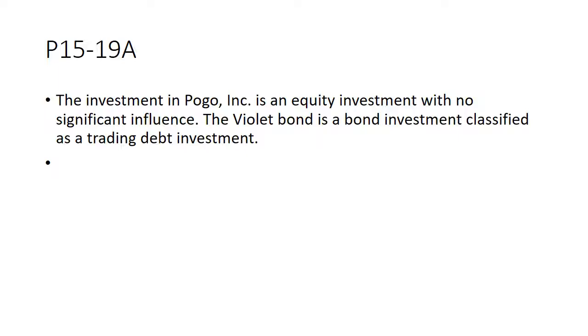Because it is less than 20% ownership, and it states that. The Violet bond investment is classified as a trading debt security because they're going to sell it in the short term. So knowing that will help us determine how to make the journal entries for Jetway.